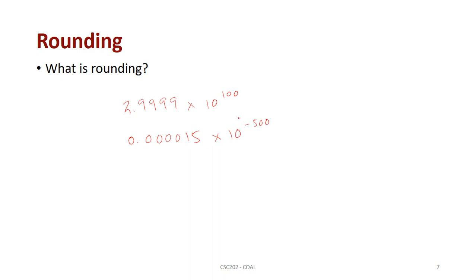These two examples correspond to a very large number and a very small number. It might not be possible to store these numbers correctly, in the correct format, as observed by an observer.